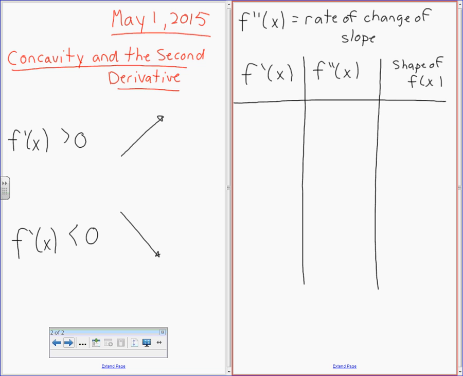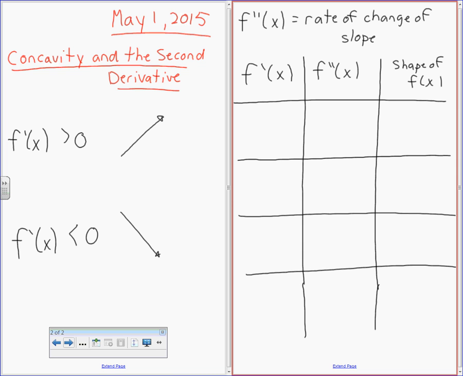There's going to be 4 entries, 4 by 3, if you don't mind.